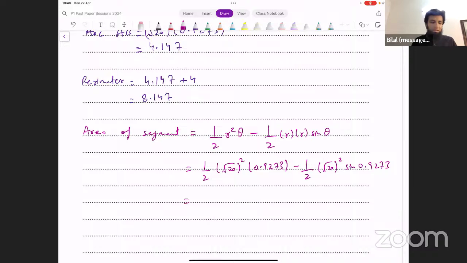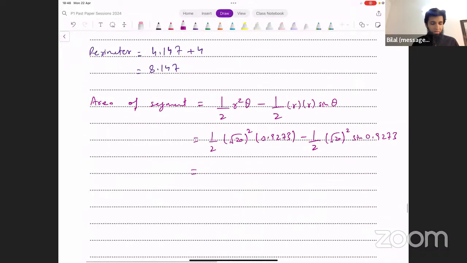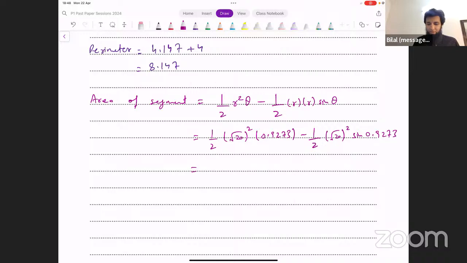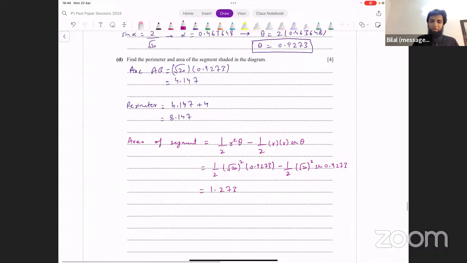Again, make sure your calculator is in radian mode while doing this calculation, and you can see what those turn out to be. 10 into 0.9273 minus 10 into sine of 0.9273, and I'm getting 1.27297 from this. That's 1.273. That's the area of the segment that we're getting. So we've got the perimeter and the area. That's what we were looking for. Any problem with this? Have you verified the calculations as well? Is that okay?